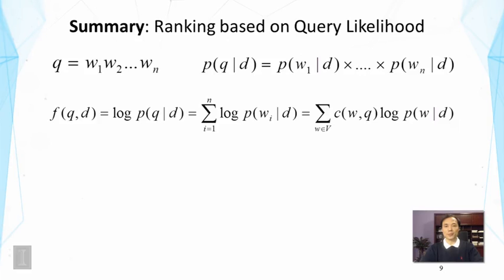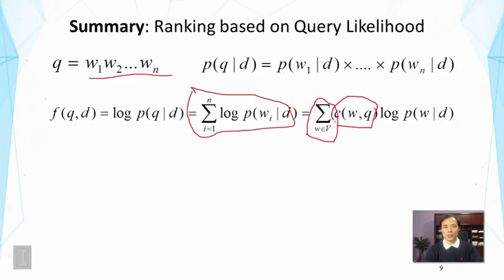And then we can further rewrite the sum into a different form. In the first sum here, we have it over all the query words, the n query words. And in this sum, we have a sum over all the possible words, but we put a count here of each word in the query.